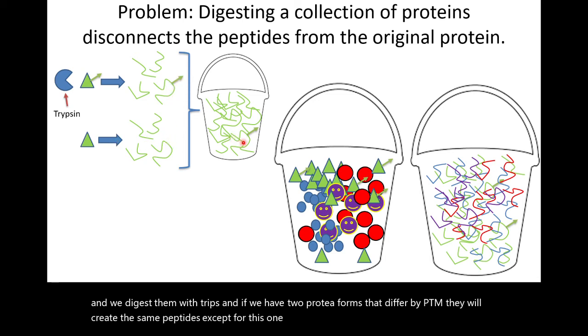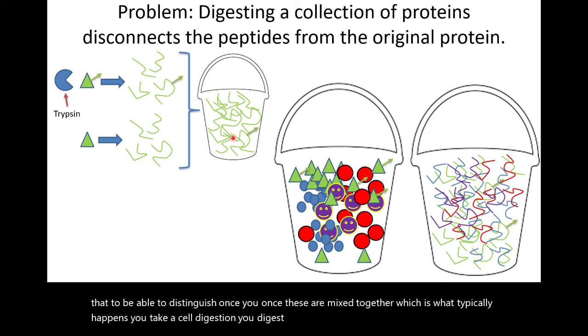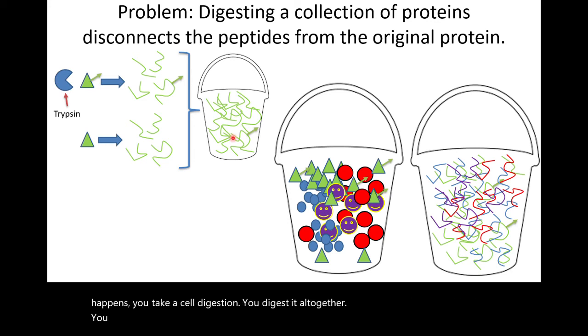Once these are mixed together, which is what typically happens, you take a cell digest and you digest it all together, you don't separate the proteoforms out beforehand. So it relies on the detection of the unmodified peptide and the modified peptide to say that there is a PTM in here.